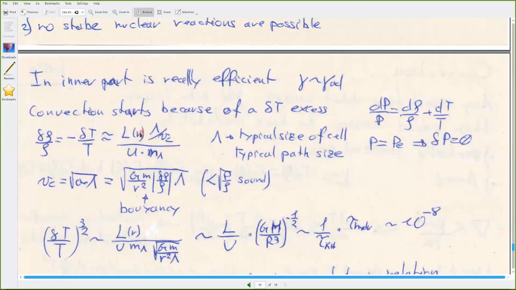Here we have the luminosity and this distance, the size, and as the cell is moving, the velocity it is moving with, the internal energy, using mass and multiplied by the mass of the convected cell.